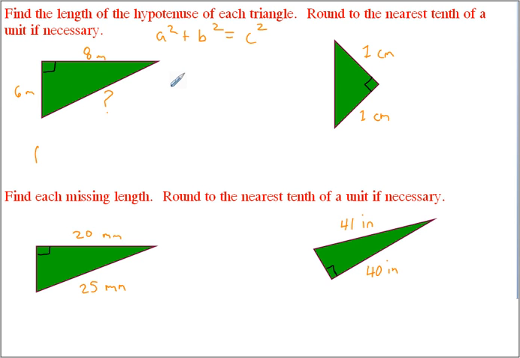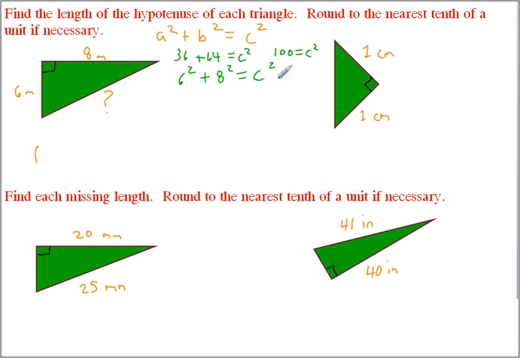So this is 6 squared plus 8 squared is equal to c squared. So if I do this up, that's 36 plus 64 is equal to c squared. Now, a lot of students will just say, well, there's my answer, 100.